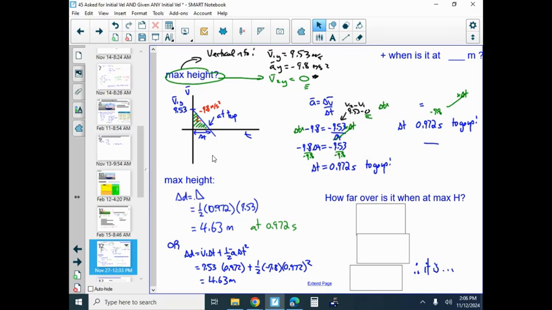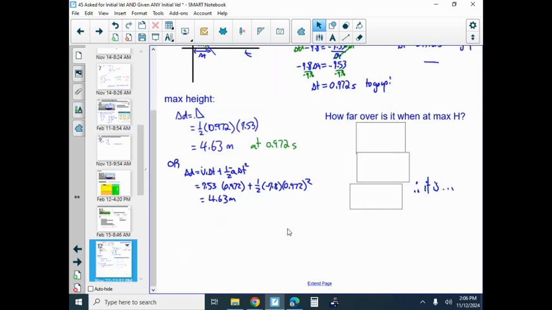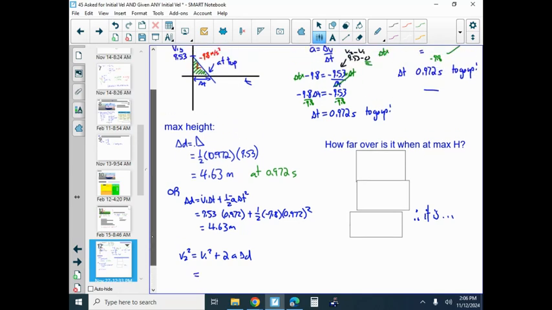It's just the area of the triangle, knowing now that the base is 0.972, or we'd have the time variable in our equation for displacement. I suppose we could have looked at the equation for velocity and displacement directly: v2 squared equals v1 squared plus twice acceleration delta d. We could use that one too if we wanted, right?